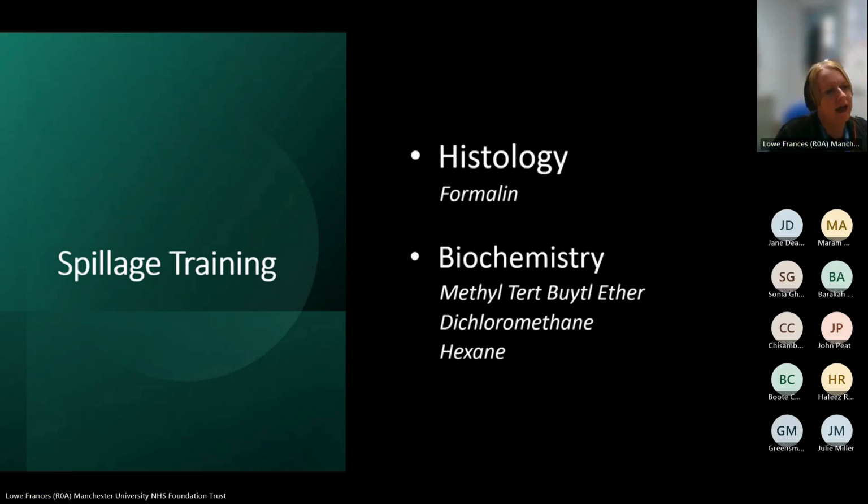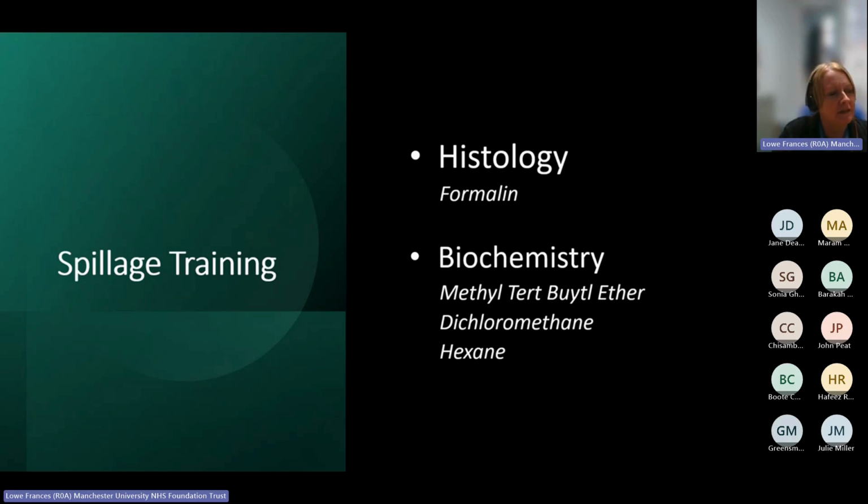Biochemistry, obviously I'm not a biochemist, but I did ask one of the trainers in biochemistry if there were any specific chemicals, because I know some of you may be biochemists. So I do apologise if I've got this wrong to any biochemists, so feel free to correct me.